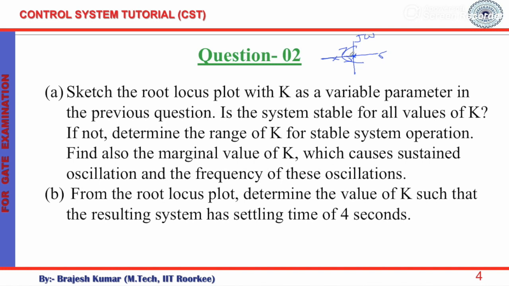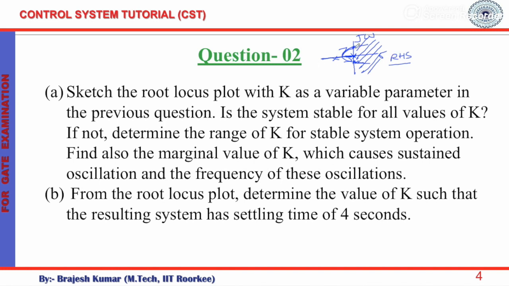When the value of k increases, the roots will move like this, and at a particular value of k it will be on the j omega axis. If k is greater than that value, the root will go beyond the j omega axis towards the right side of the S plane. When it moves to the right hand side of the S plane, the system will become unstable.